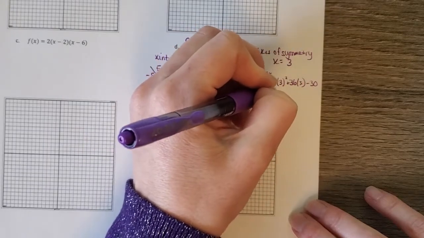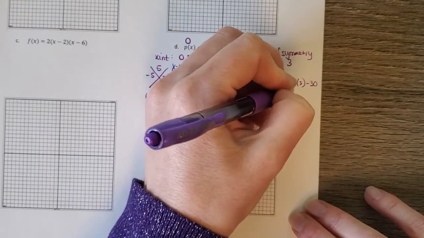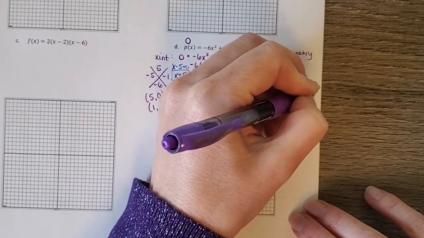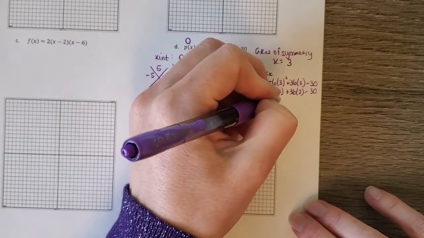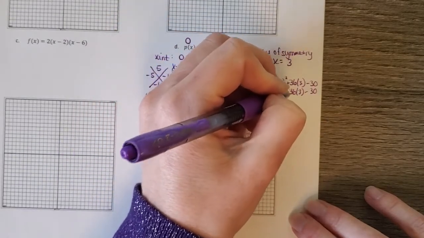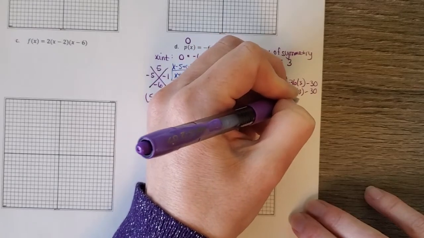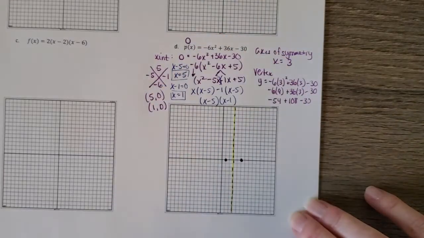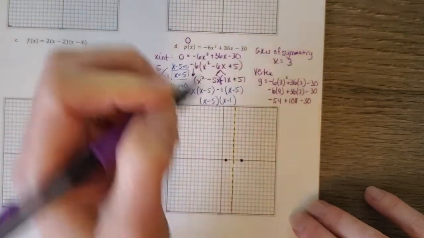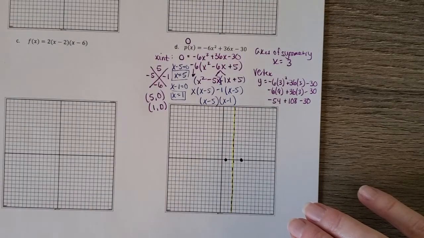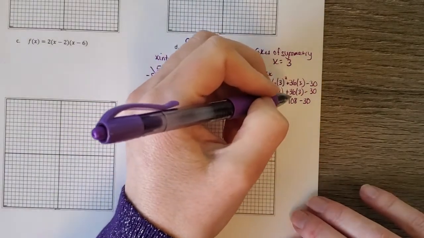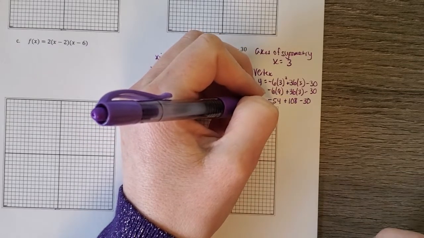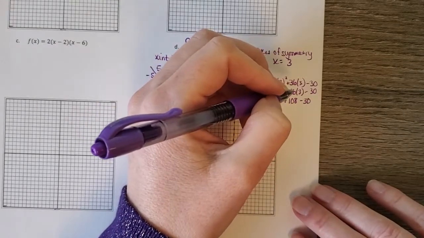Exponents first, so negative 6 times 9, 36 times 3 minus 30. So this would be negative 54. 36 times 3 is 108, and then minus 30. And if I continue to solve that out, 108 minus 30 is 78, minus 54. 78 minus 54 is 24.